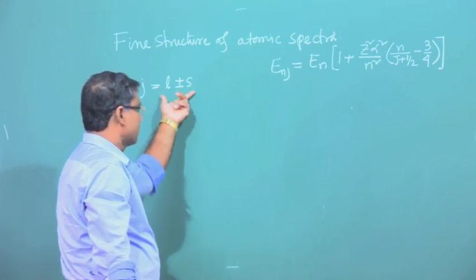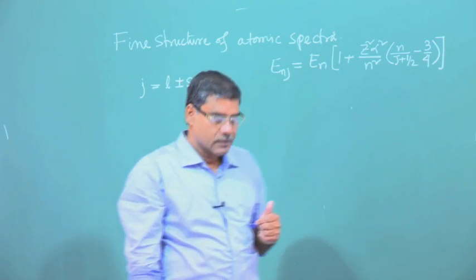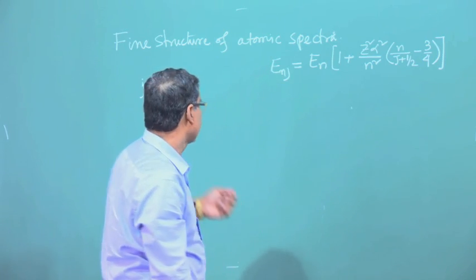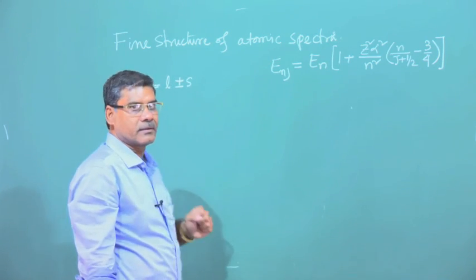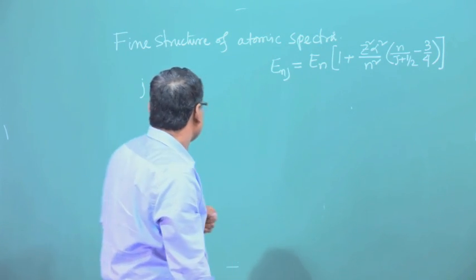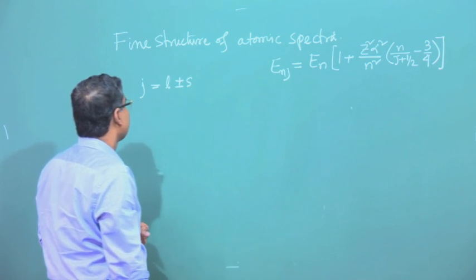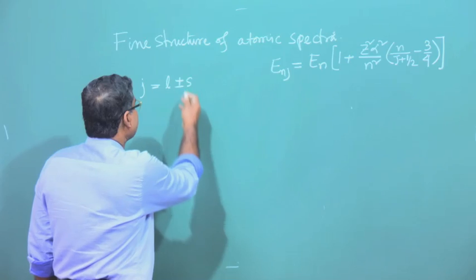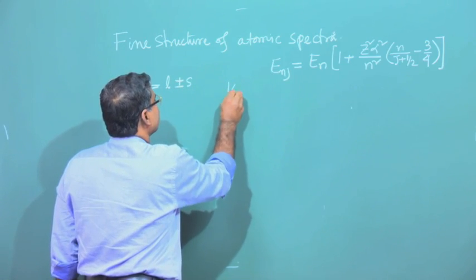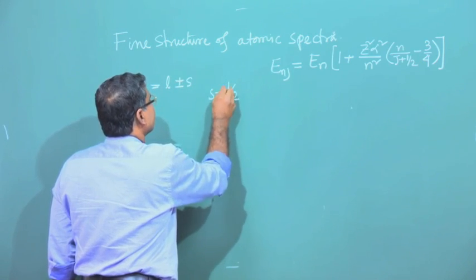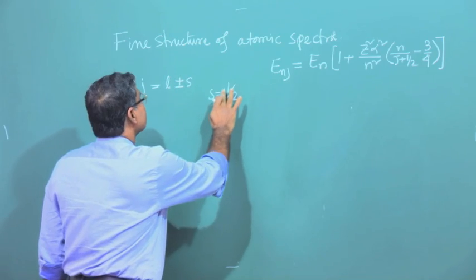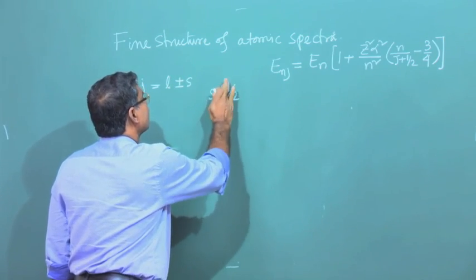So, they couple, LS coupling. Due to LS coupling, it gives the resultant J. So, J value can take L plus minus S. For a single electron, S is half.